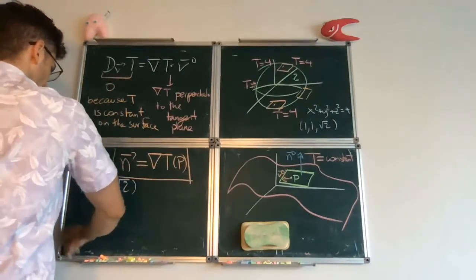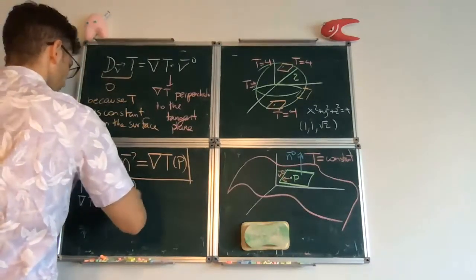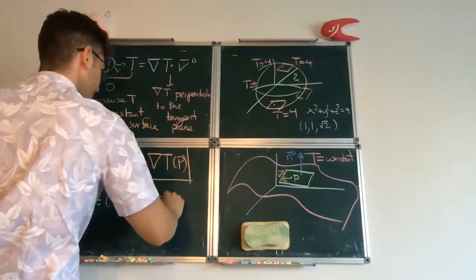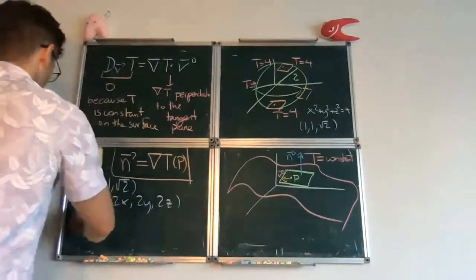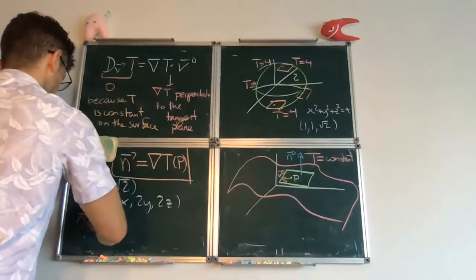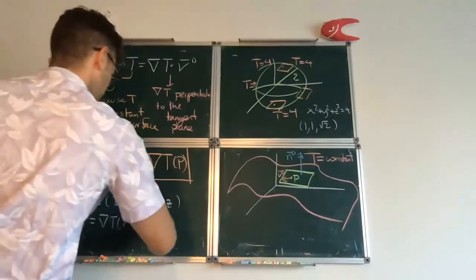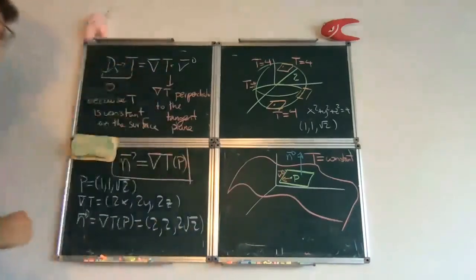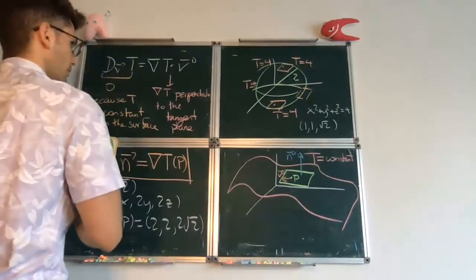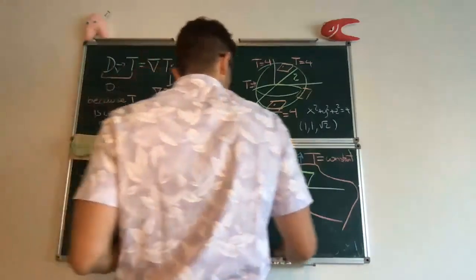What's the gradient of T? Remember that the gradient of T was (2x, 2y, 2z). And so the normal vector is the gradient evaluated at P. So this is (2, 2, 2 root 2).